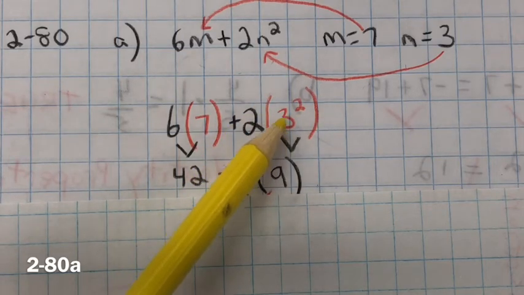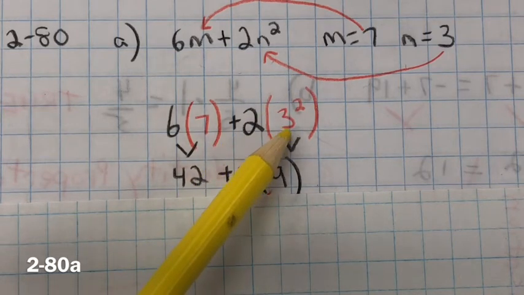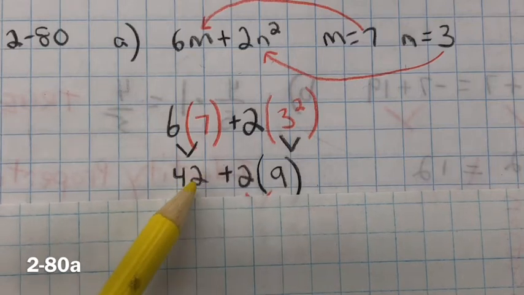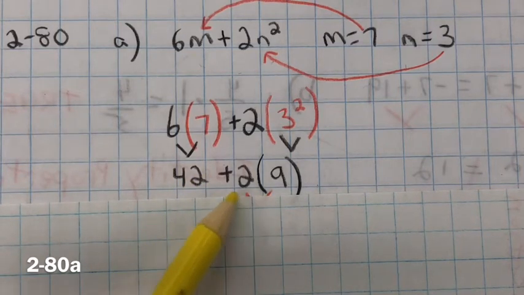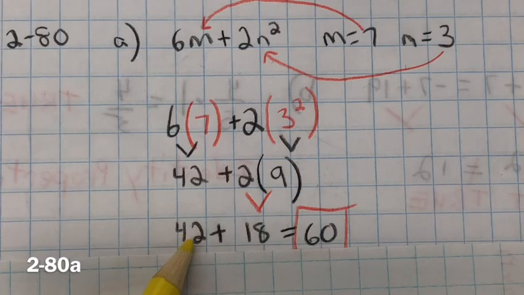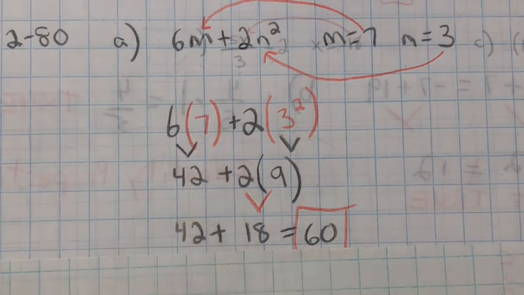Exponents within the parentheses are grouping symbols. 3 squared is 9. Remember, it's not 6. 3 squared means 3 times 3, which is 9. And then now I do multiplication and division from left to right. I cannot add first. I need to do multiplication and division from left to right. So I have 2 multiplied by 9 is 18. Now add 42 plus 18 equals 60.